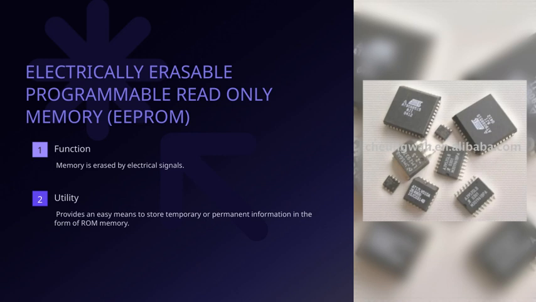Think of it as a kind of memory that you can program and reprogram as needed, which is especially useful for storing settings, calibration data, or other critical information that must be retained even when power is off. Overall, EEPROM is a flexible component that bridges the gap between volatile memory like RAM and more permanent storage, aligning perfectly with our theme of reliable, adaptable memory solutions in modern electronics.